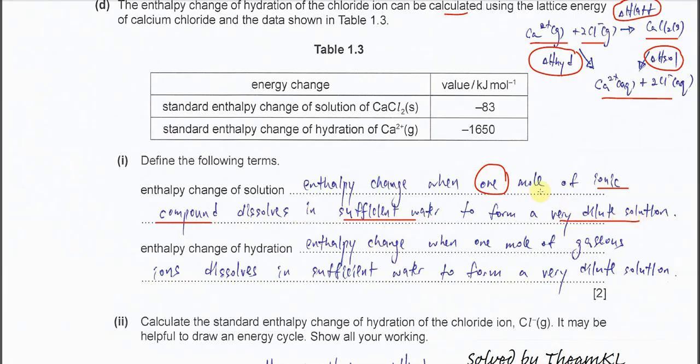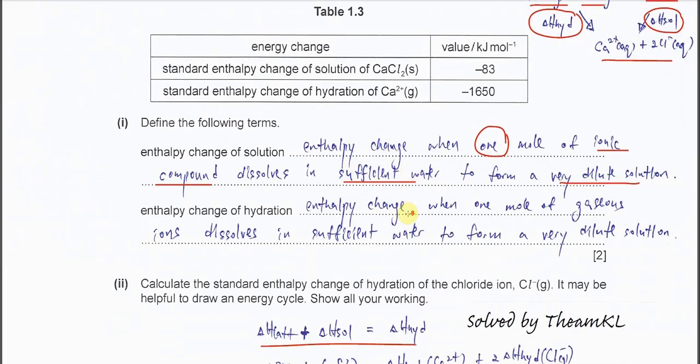The key is it must be 1 mole of ionic solid and the water must be sufficient. Why? Because we want to make sure all the ionic compound dissolves. That's why the amount of water must be sufficient.